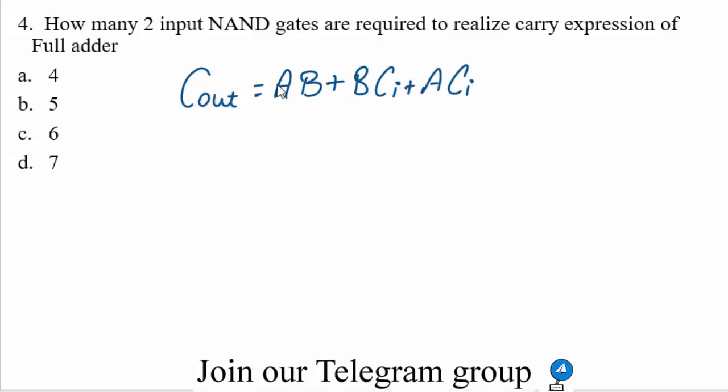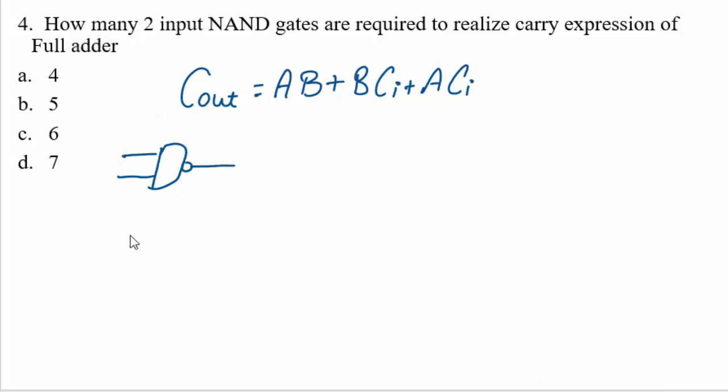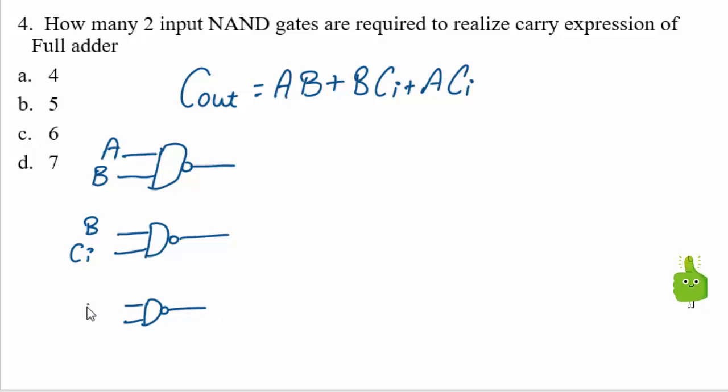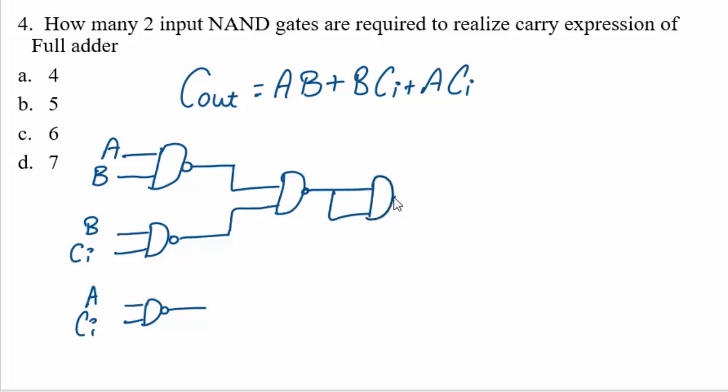So how are we going to realize it with the help of NAND gates? With NAND gates, that too only 2 input NAND gates, the first pair will be A and B, and then B and carry input, and the next NAND gate takes A and carry input. Since we are going to make use of only 2 input NAND gates, I am going to connect these to a 2 input NAND gate and then complement it.